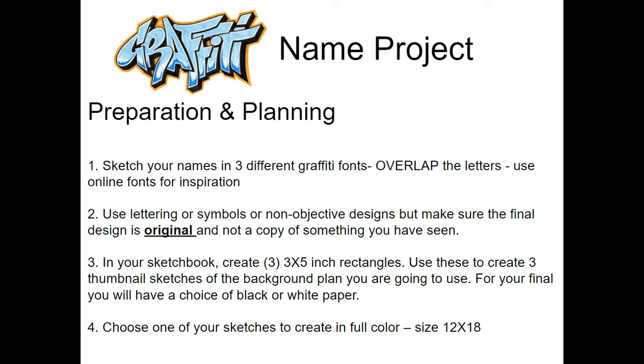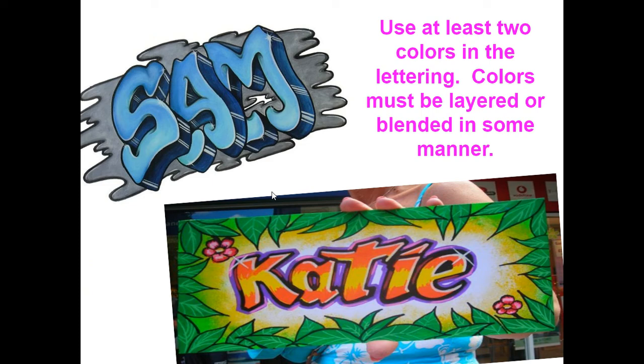Sometimes we think that the first thing that we do is the best, and sometimes our brain takes what we've already practiced and merges it into another idea. You need to make sure that you overlap your letters. That's one thing that makes graffiti graffiti.